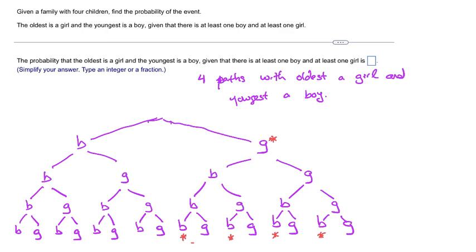Okay. So now, we're interested in the probability that the oldest is a girl and the youngest is a boy, given that there is at least one boy and one girl.